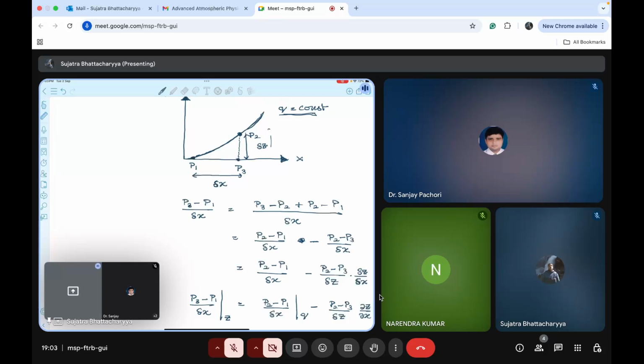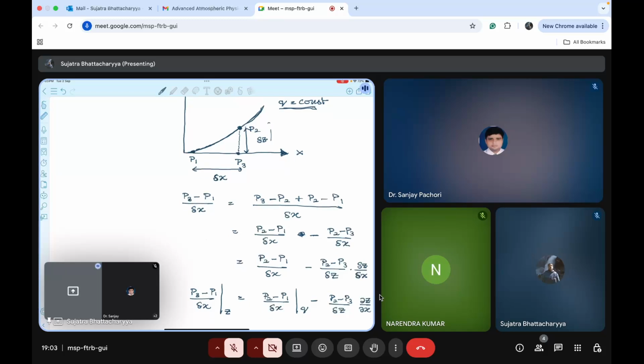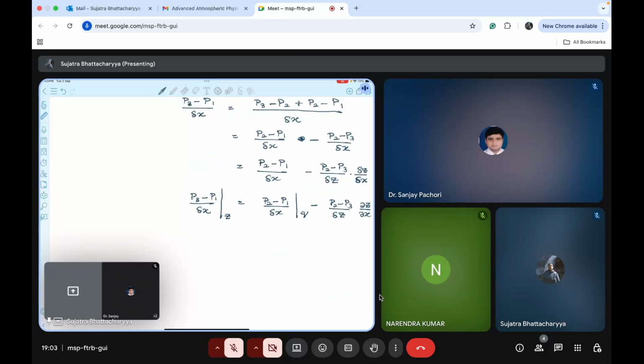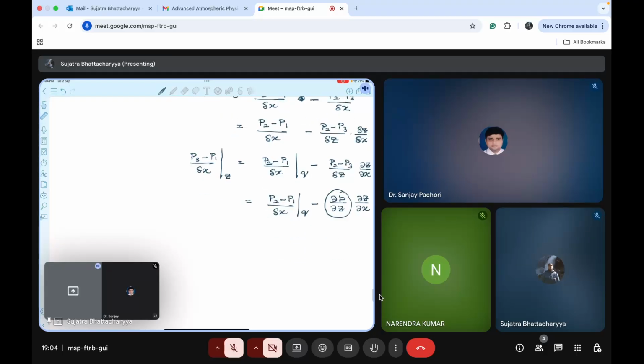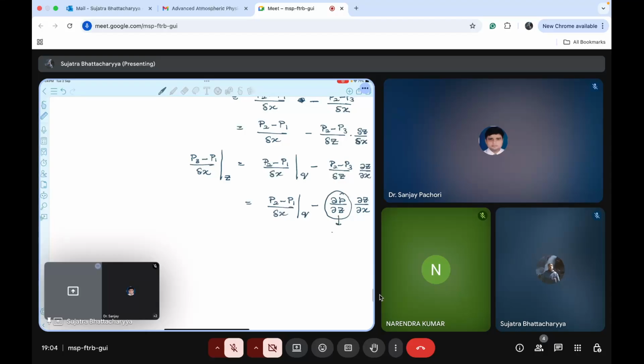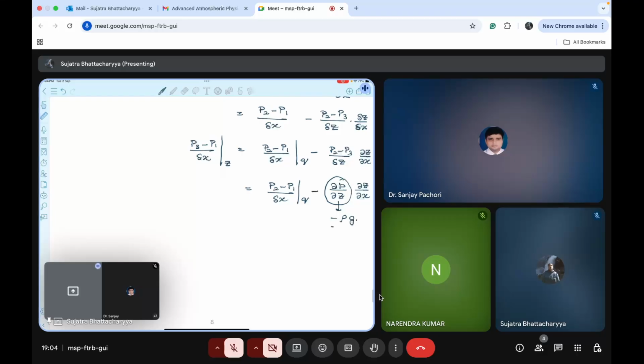The first term is at constant Q, and the second is in the vertical direction, delta P by delta Z, times delta Z by delta X. Can we write dP by dZ as minus density times g, the hydrostatic approximation?